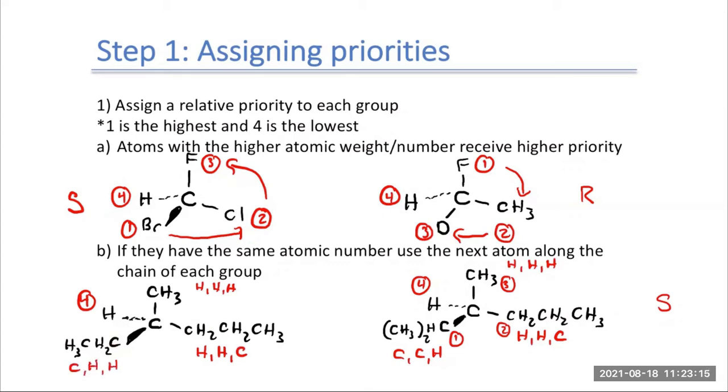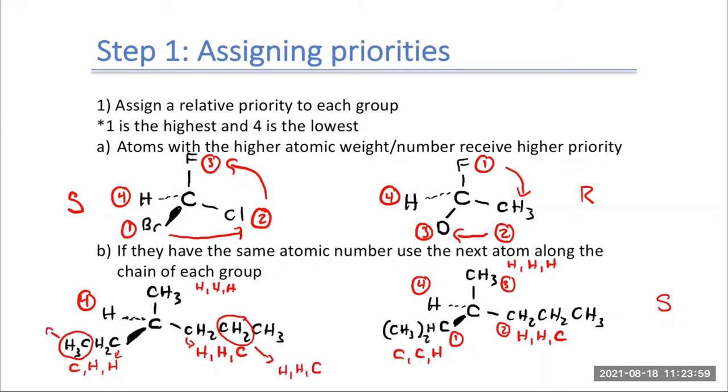Looks like we have a tie. They're both attached to the same types of atoms, so they're both equal to each other. Which means now we have to go to the next atom on the chain. So we're going to look at this CH2 and this CH3. That CH2 is attached to hydrogen, hydrogen, carbon.